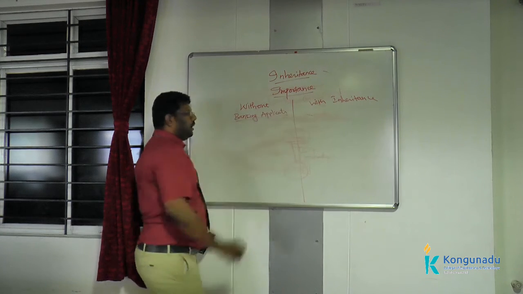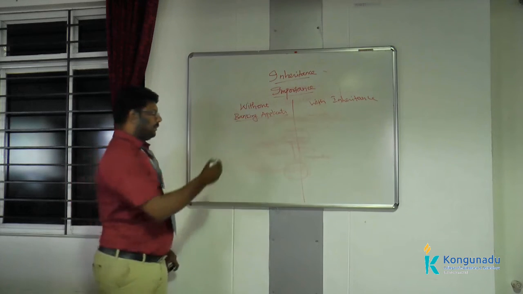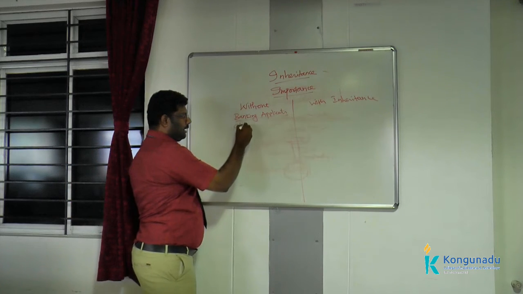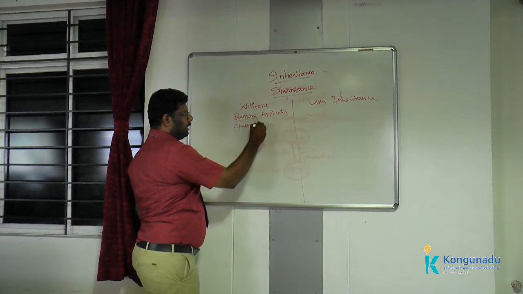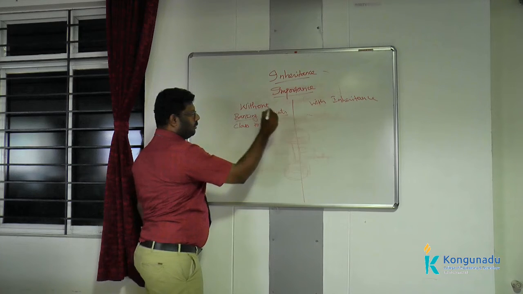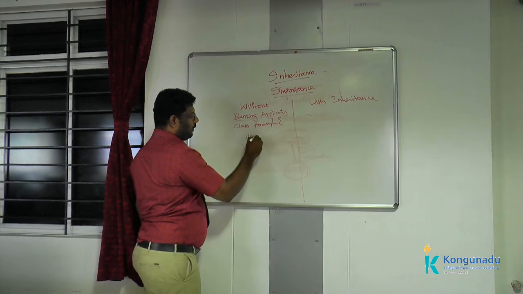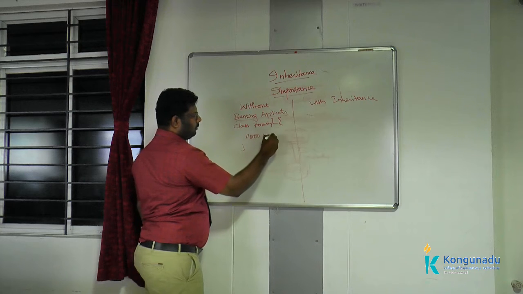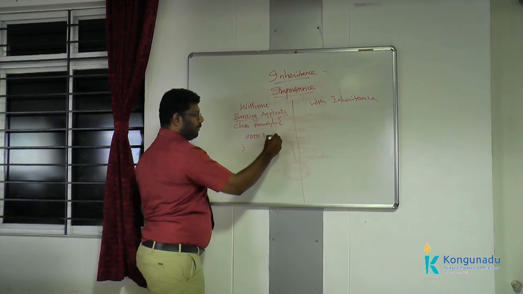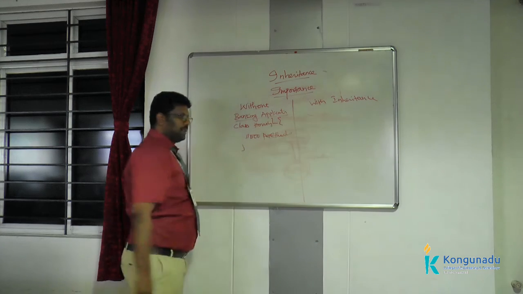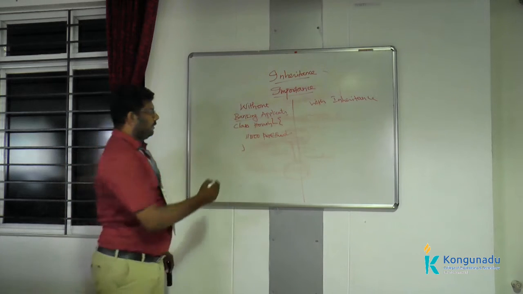We have different kinds of classes. For example, we will have a housing loan class, which has some 500 lines of code, 500 methods. It is very easy to understand the difference between with inheritance and without inheritance.